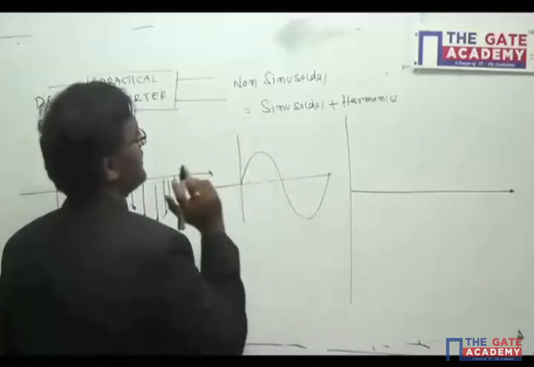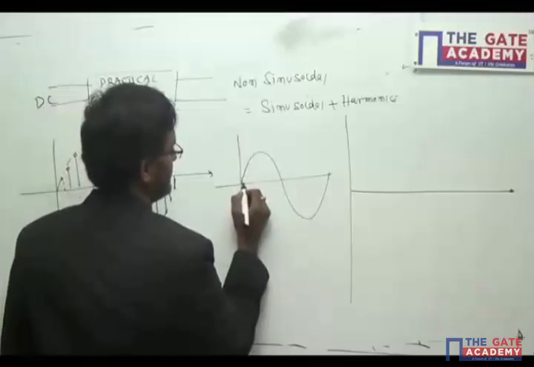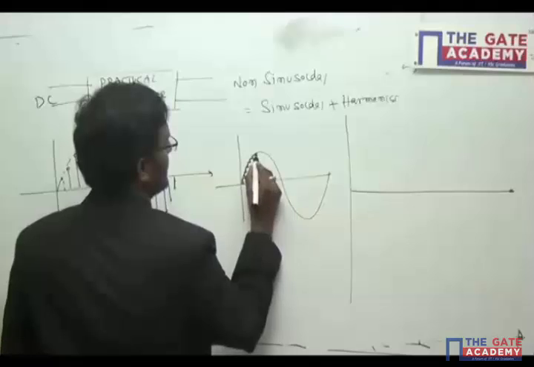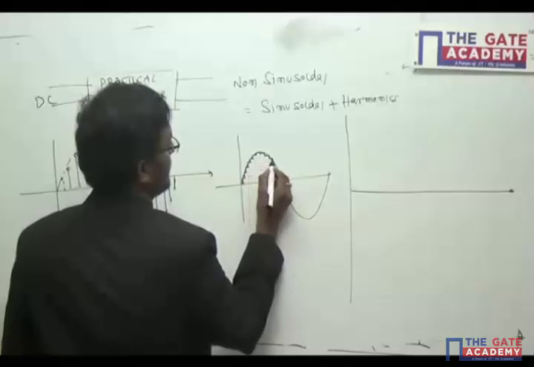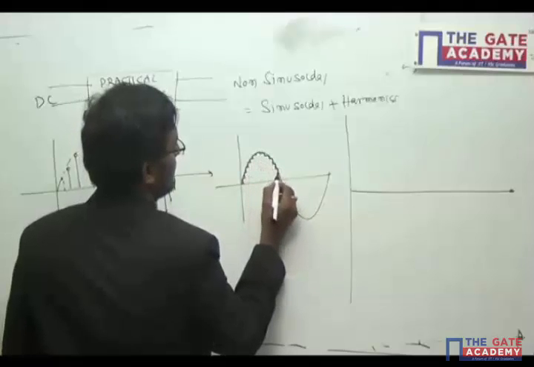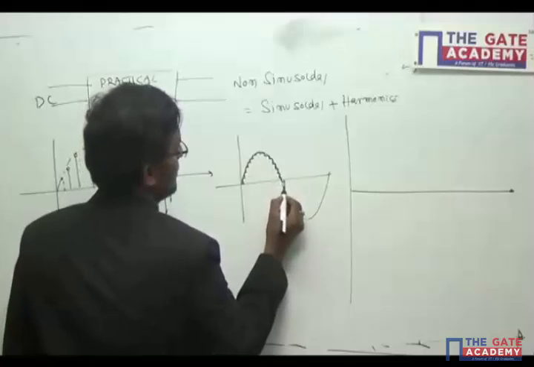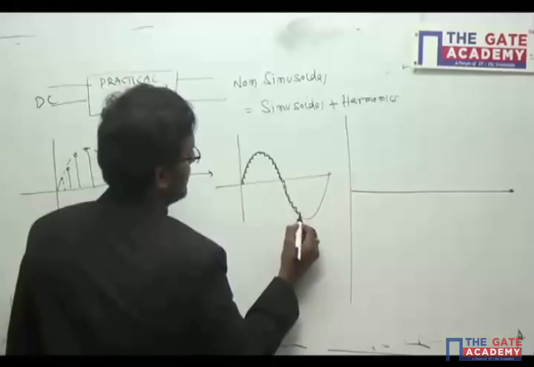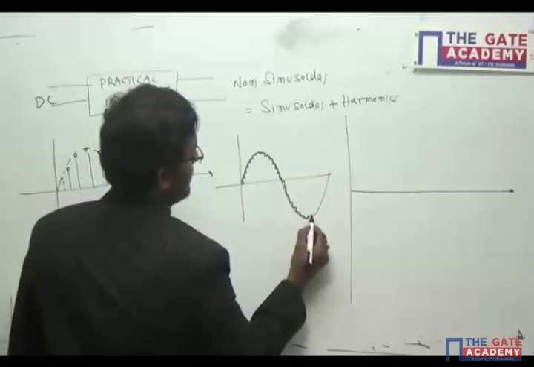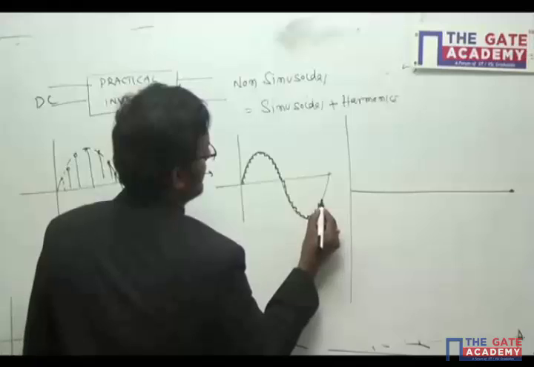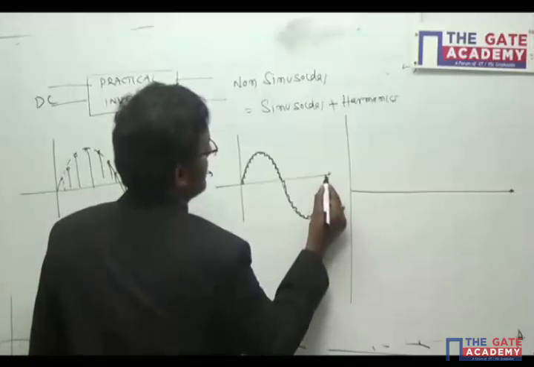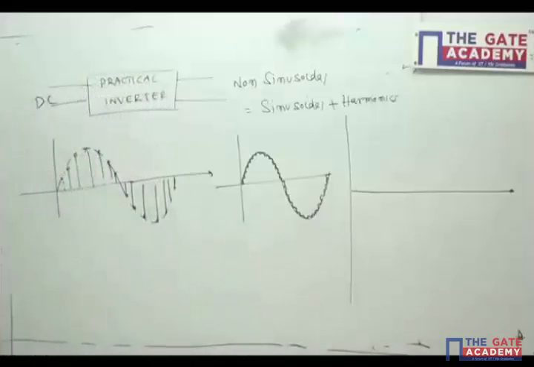Now this is a pure sinusoidal. It might not be exactly this. How is the output of an inverter? It looks like this. What are all these things?